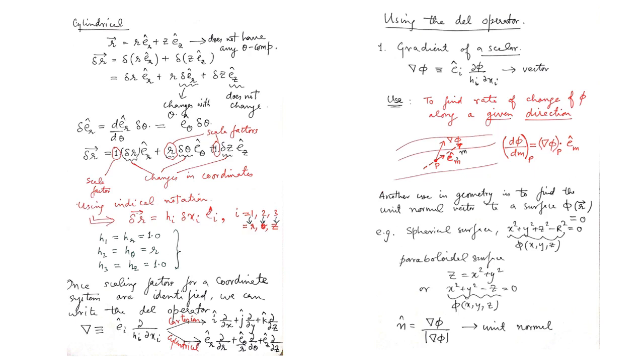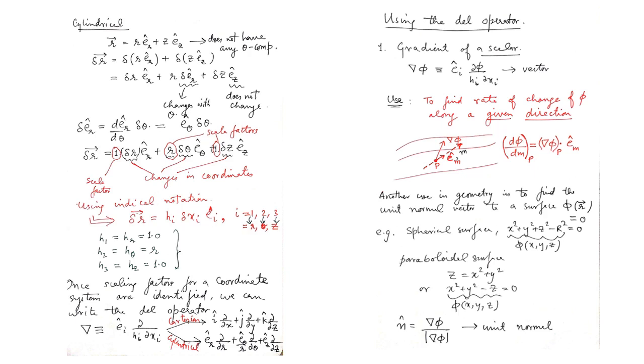Then delta r will be the delta of the two quantities, which is then expanded. So delta r er plus r, delta of er, because unit vector er definitely changes, and plus delta z ez, because ez does not change. So that's why there's only one radial unit vector change which needs to be accounted for.